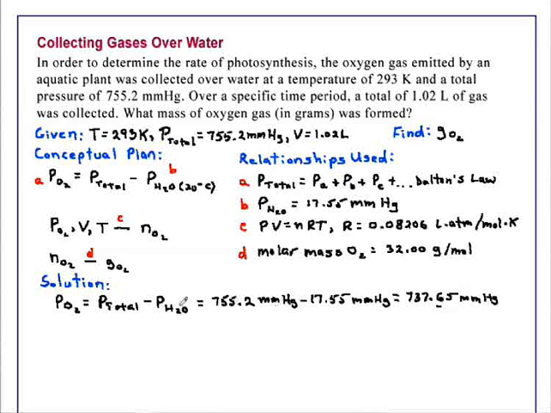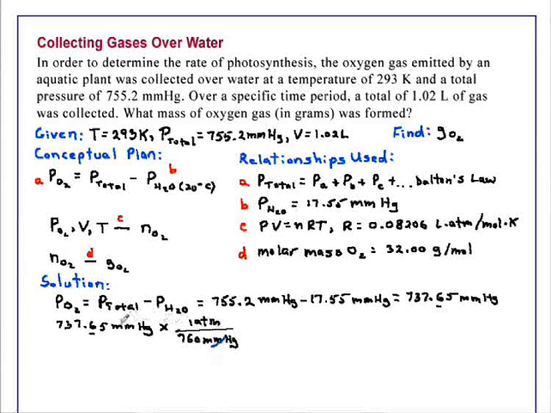Now, in order to utilize this in the ideal gas law, we have to convert that to atmospheres. So we'll take the 737.65 millimeters of mercury and use the relationship that 1 atmosphere is 760 millimeters of mercury.